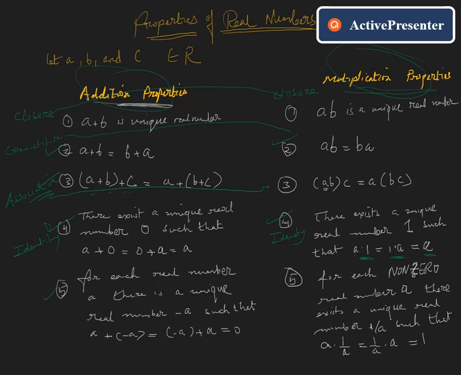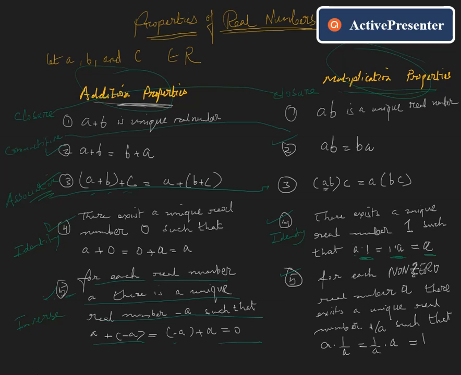The fifth properties of both. In the addition property, for each number A there exists a unique real number minus A such that A plus minus A equals minus A plus A equals 0. This is known as the inverse property.